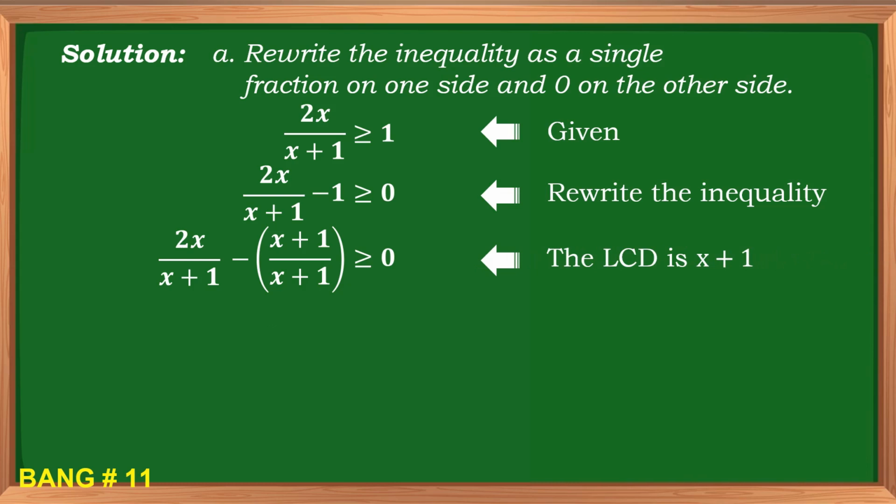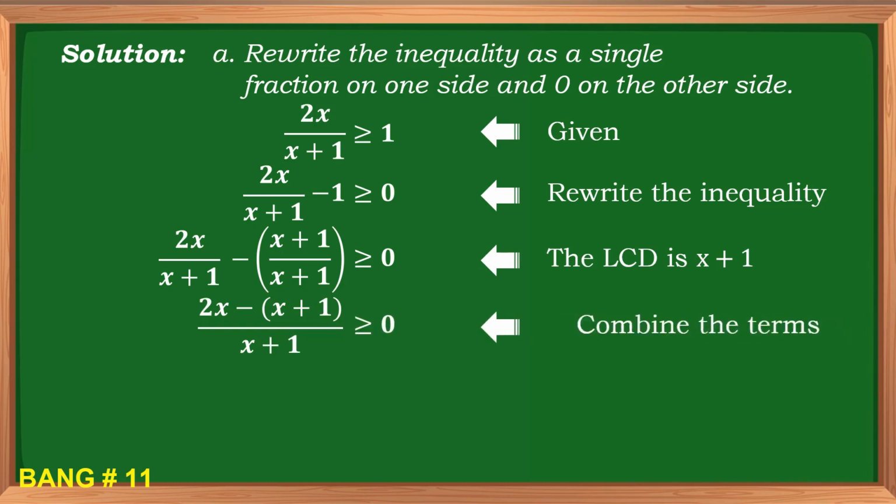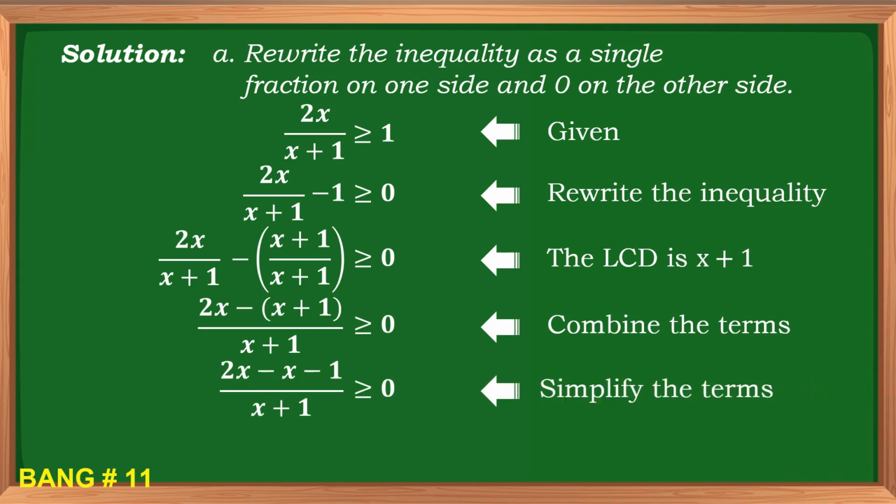Then, we simplify the terms in the numerator. This will show us 2x minus the quantity x plus 1 all over x plus 1 is greater than or equal to 0. Then, the simplified form of the inequality in order to determine the x value or critical value will show you x minus 1 all over x plus 1 is greater than or equal to 0.